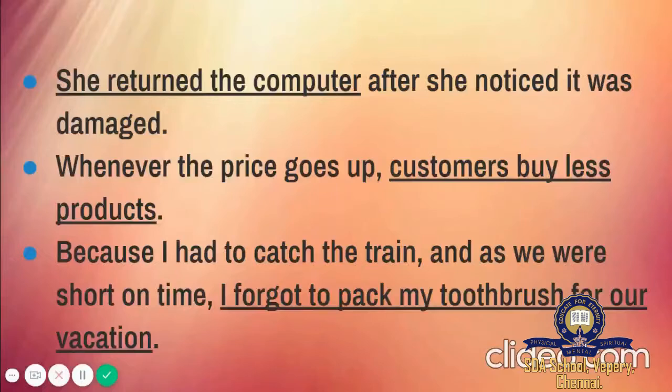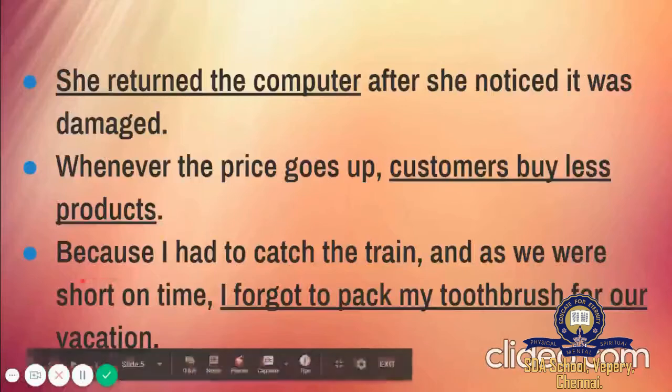Since it has only one main clause and a subordinate clause, this is a complex sentence. Then, whenever the price goes up, customers buy less products. This is also a similar type of complex sentence with one main clause and one subordinate clause.